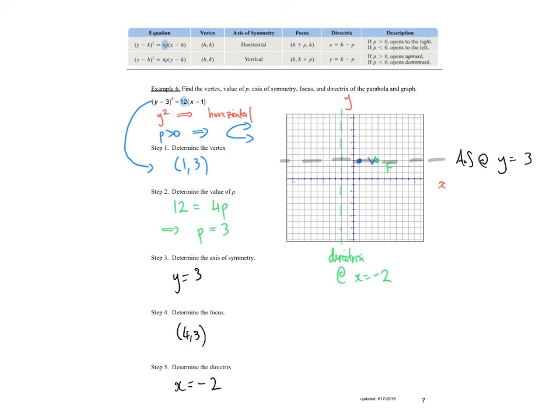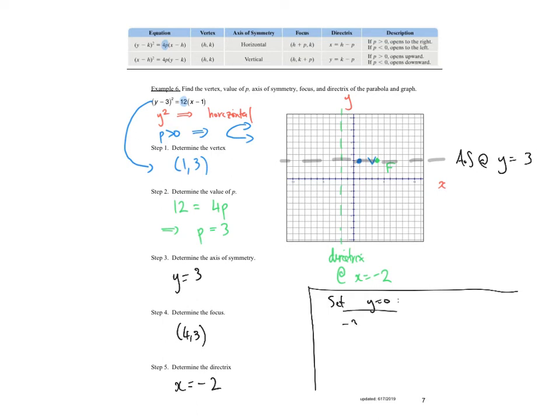Again, we should pick another x value to get another point on the parabola. Let's be fancy this time and actually find the x-intercept. We know because we're opening to the right that there will be one. So how do we do that? Let's set y to be 0 and substitute in.